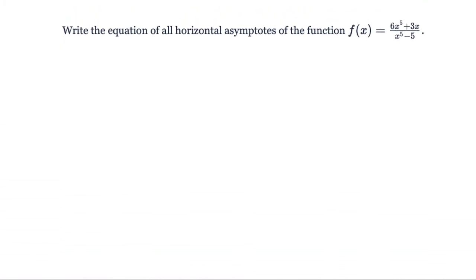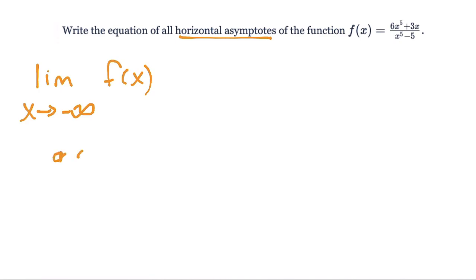Write the equation of an asymptote right here. When you think about writing the equation of any asymptote in here, horizontal asymptotes are when the limit as x goes towards negative infinity of f of x, or the limit as x goes towards infinity of f of x, is a number.